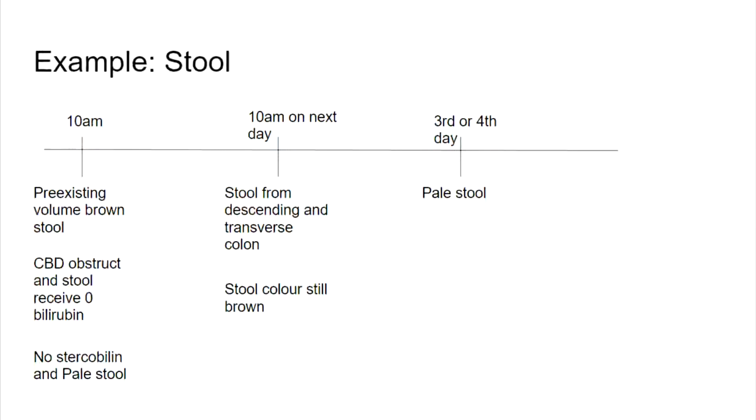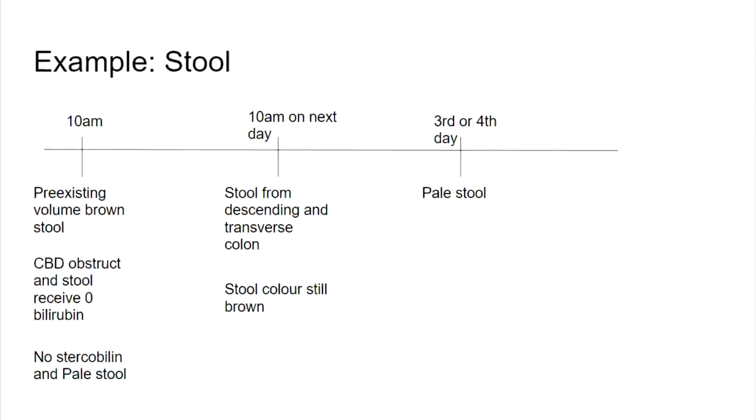So on the next morning, or the second day around 10 a.m., we have already passed urine about 5 times or more, with increasingly dark color. But if we pass motion, the stool color remains brown because the stool comes from the descending and transverse colon, which is before the obstruction.